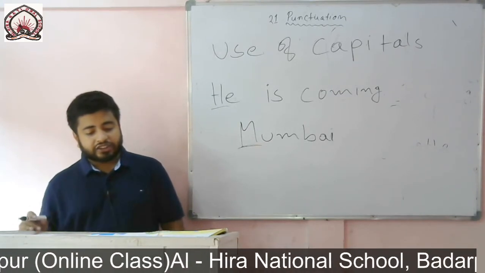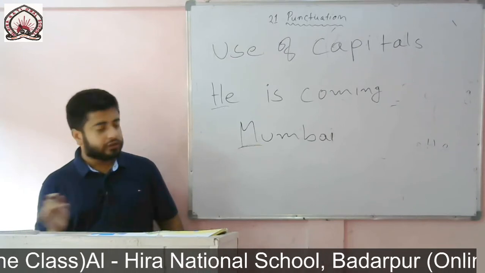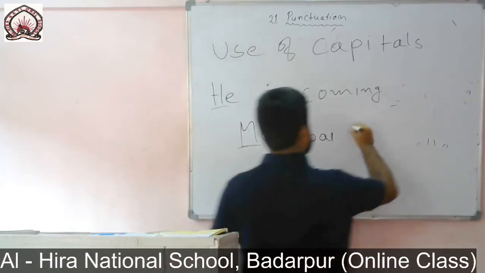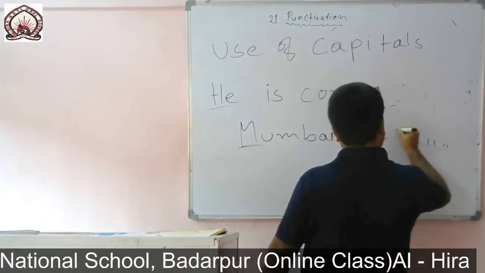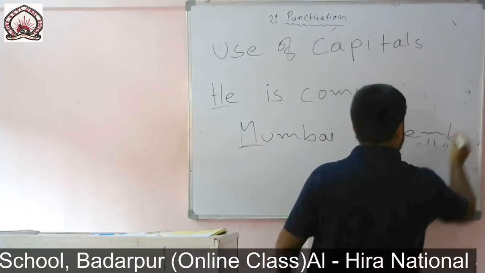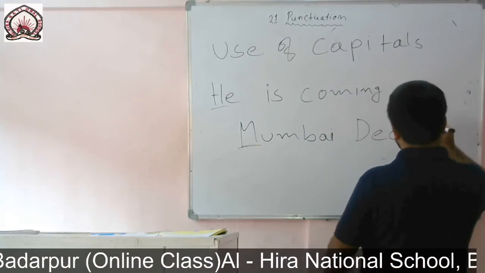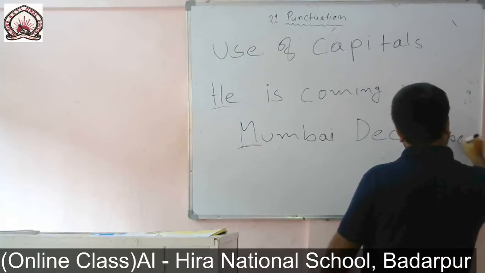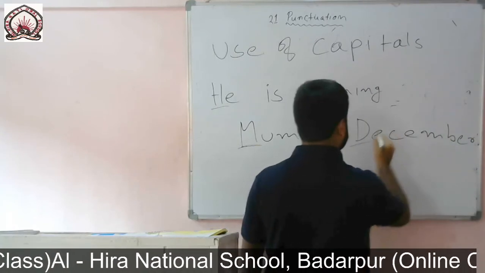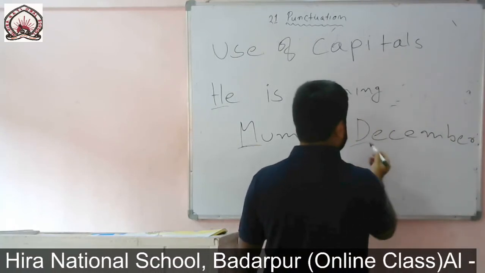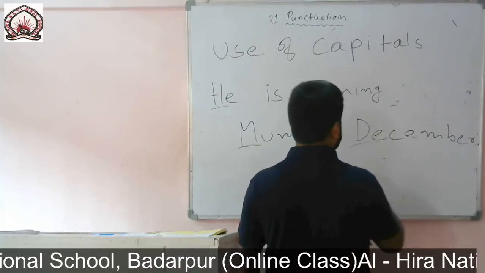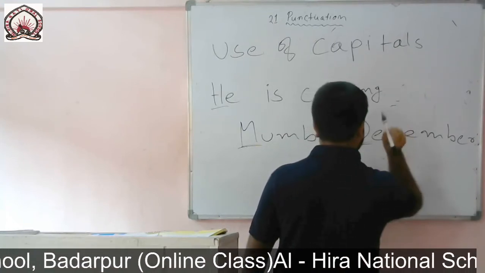For all months, days of the week, seasons and festivals, for example, December. So D should be capital. D-E-C-E-M-B-E-R, December. If we find December at the beginning of a sentence or in the middle of a sentence, D should be capital.